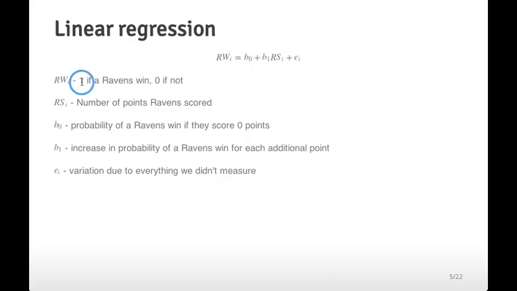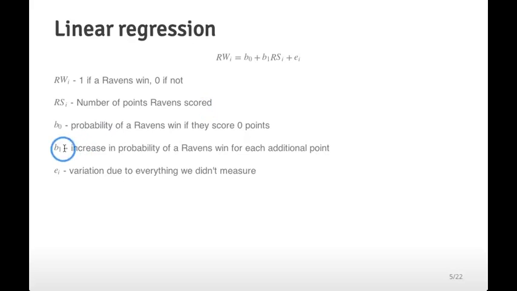It turns out that interpreting this model, B0 is the probability of a Ravens win if they score 0 points. If they score 0 points, you only have this term, and so we're just averaging the number of times that the Ravens won when they had scored 0 points. In this case, that was no times.